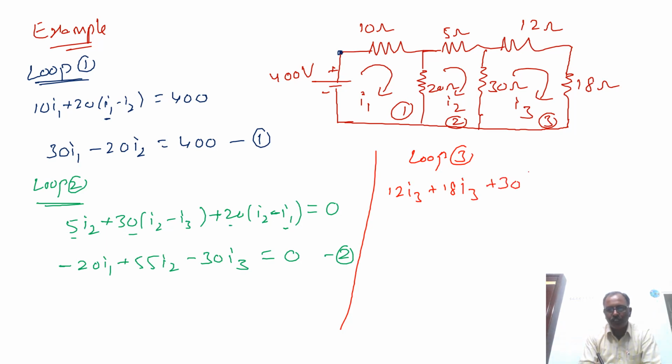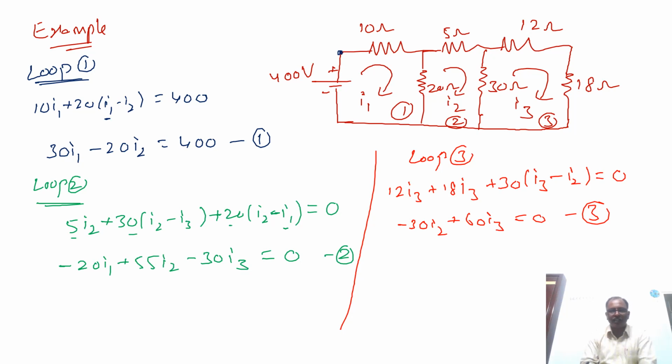So 30 into I3 is reference current, I3 minus I2 equal to 0. So there is no I1 term, the I2 term is minus 30 I2 and the I3 term is 60 I3 equal to 0. So these are the three equations that we can develop for the 3 loops.